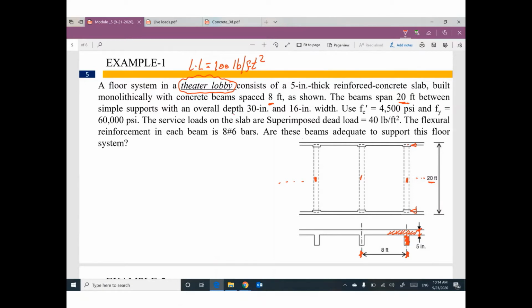So this overall depth for the beam equals 30-inch and 16-inch width. This width equals 16-inch.